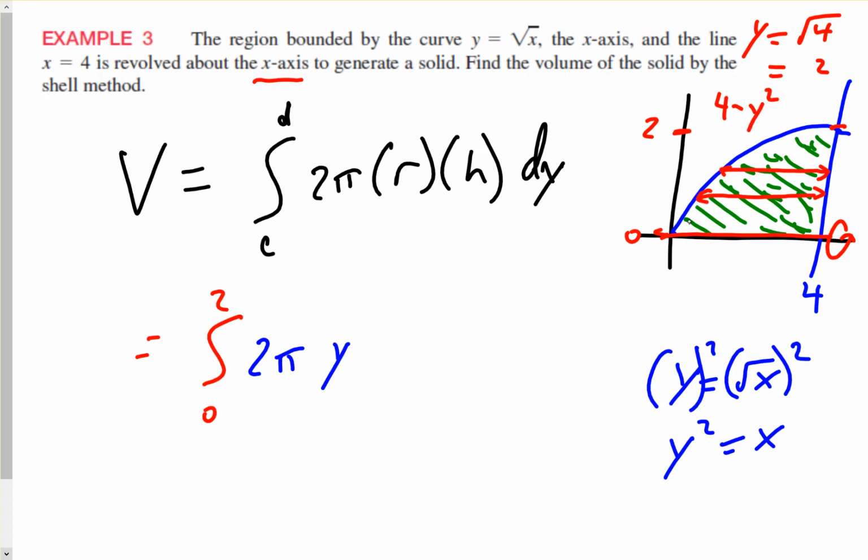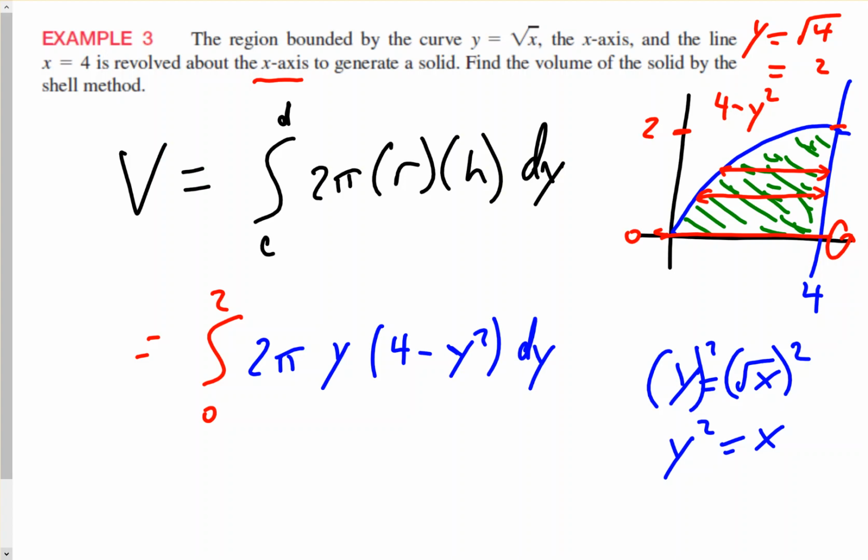You could verify that by just doing a simple plug-in. If you do y squared minus 4, you end up with negative results. 4 minus the y squared gives you the positive result here. Okay, so 4 minus y squared will be the height. And then you do it with respect to y.